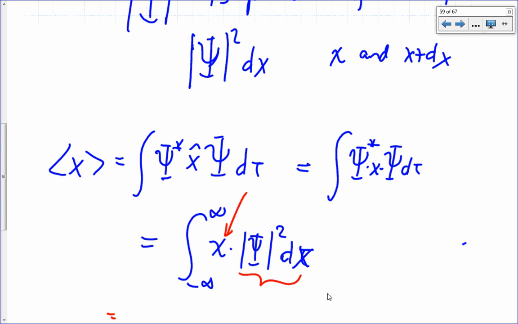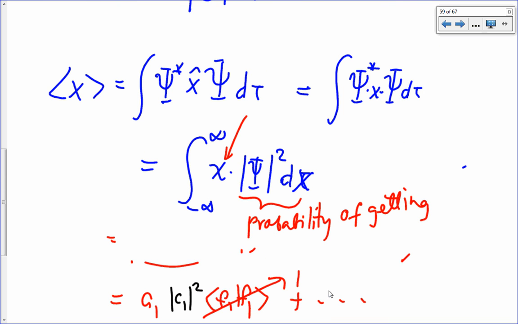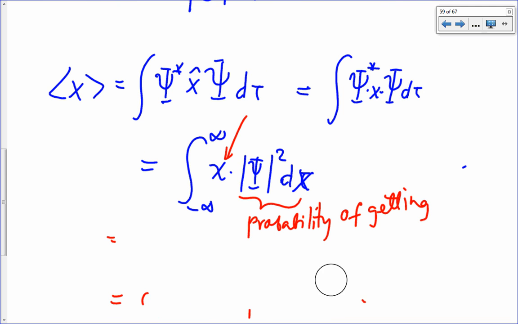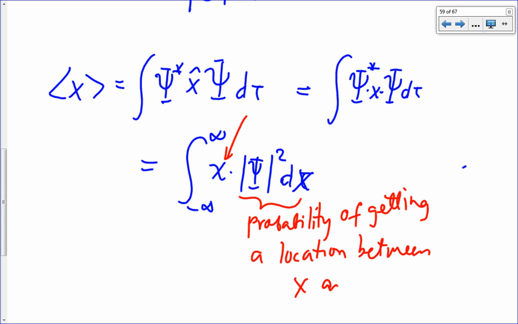So this must be a probability. So you interpret this as the probability of getting a location between x and x plus dx. If you have a continuous variable, you integrate. If you have discrete variables, you sum.